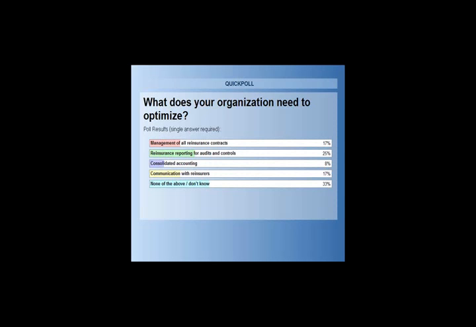Okay, so that's actually quite interesting. We got quite a number of companies that are looking to improve the reinsurance reporting for audit and control. So indeed, the regulations that are coming up are Solvency II, but also Sarbanes-Oxley are good drivers for optimizing the reinsurance reporting.